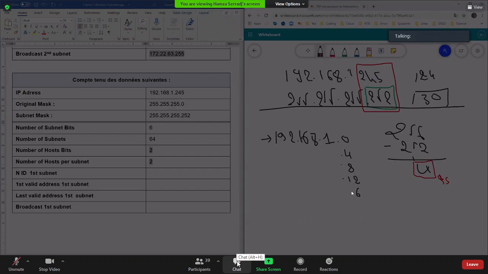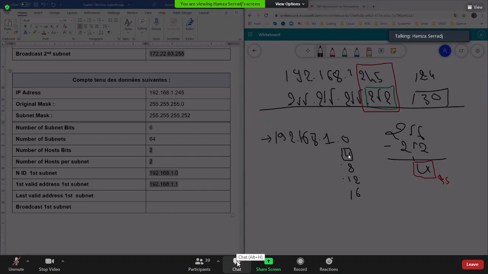Okay. So the network ID of the first one, in front of us, is 192.168.1.0. First valid address, easy, just increment by 1: 192.168.1.1. And I need to know the network ID of the next one to be able to generate the broadcast.